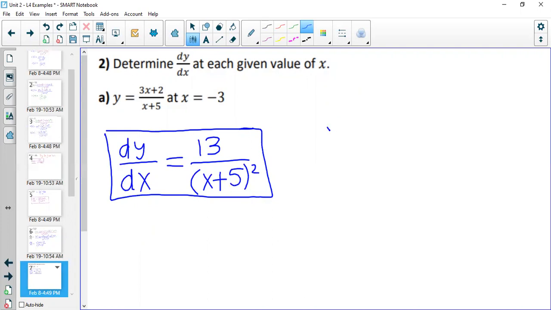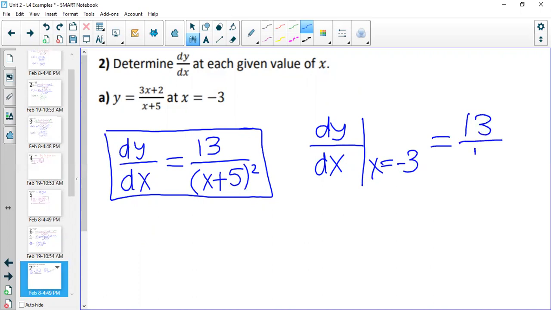Now, when you plug in the value of -3, the way we write that, dy over dx at x is equal to -3 should give you positive 13 over 4. I'm going to allow you to try that on your own to make sure that you are getting that answer. And let's do an example together.